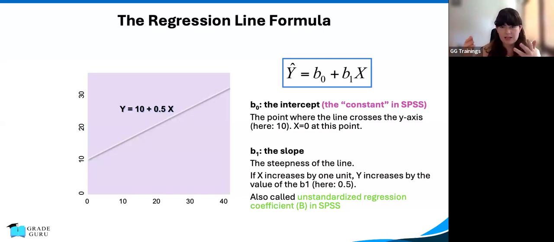That's the plain English description of the slope. Now in SPSS, our b1 or our slope is called the unstandardized regression coefficient, which is the symbol capital B. So that's where we're going to be looking for our b1.